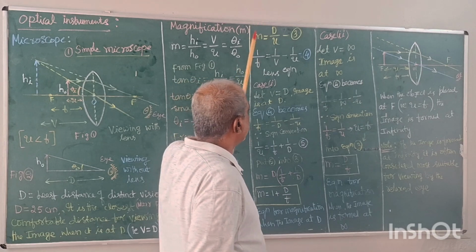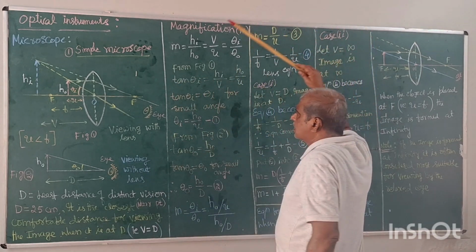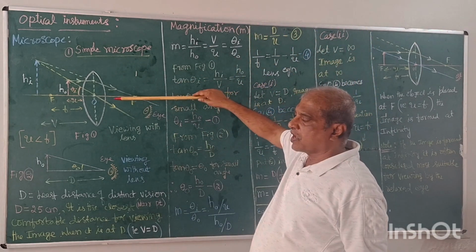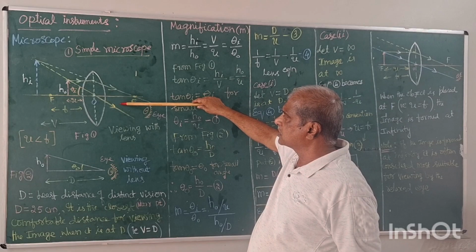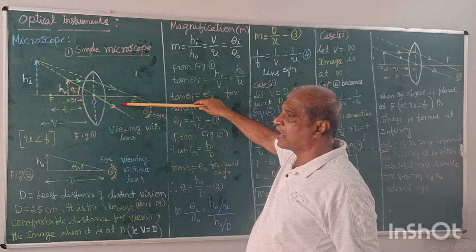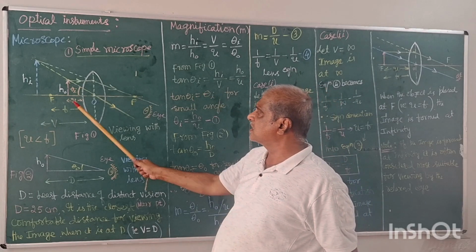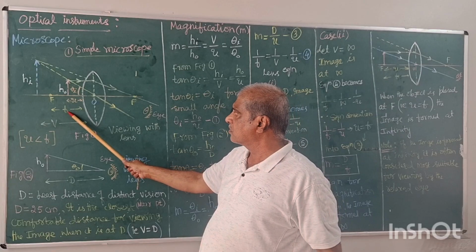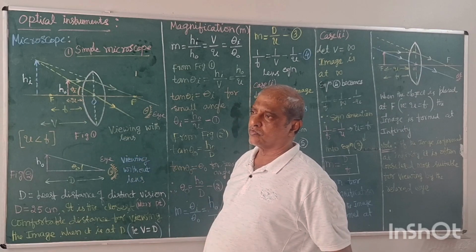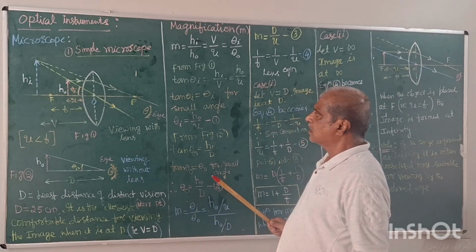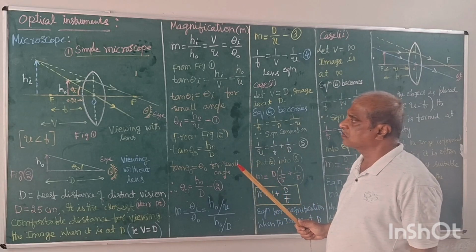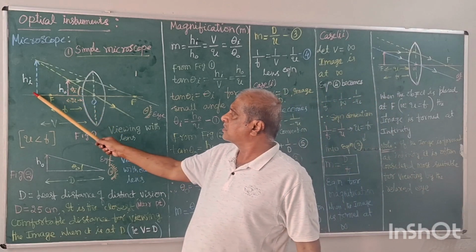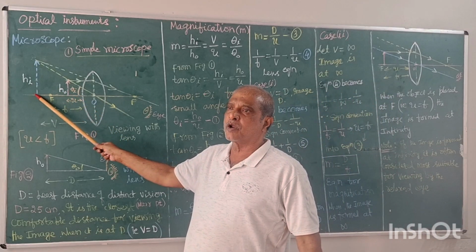In this value, there are two cases here. Limiting values, the least value and the highest value. The least distance of image for a comfortable view is one case, and the other is the highest distance of image for a comfortable view.